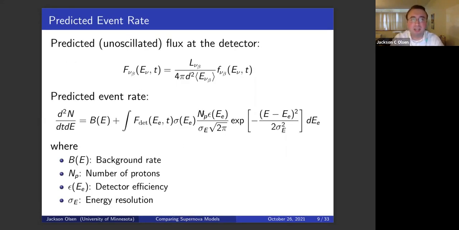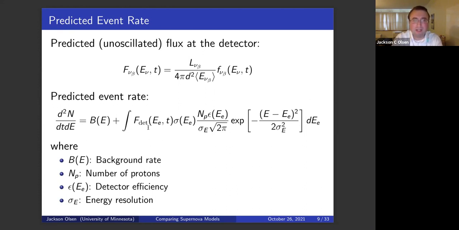Now, I've just put down the predicted flux at the detector, how you calculate that from the model predictions. It depends obviously on the luminosity, the average energy, the neutrino spectrum, and also the distance to the supernova. And then this is the predicted event rate.